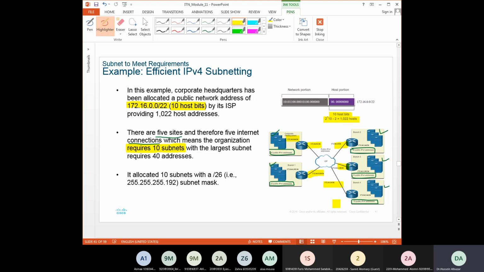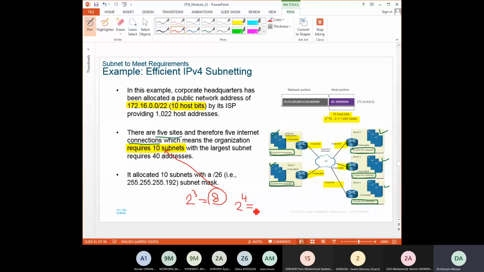Actually, we should borrow 4 bits. Why? If we borrow 3 bits, how many subnets can we create? 2 to the power 3 equals 8. So we did not meet the requirements. We need 10 subnets. So if we borrow 4 bits, 2 to the power 4 equals 16.